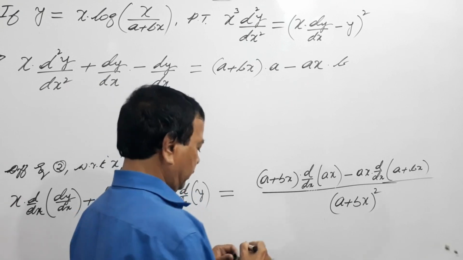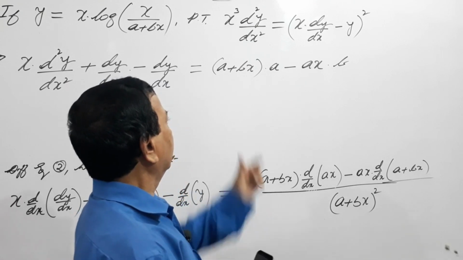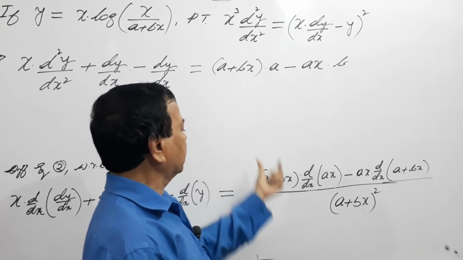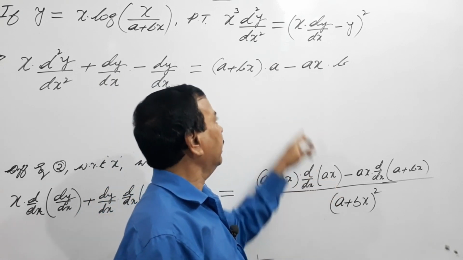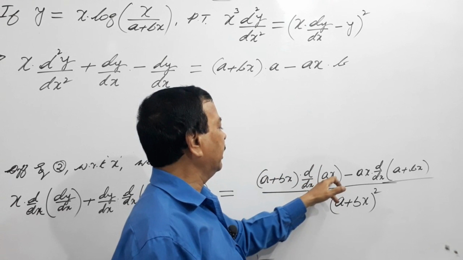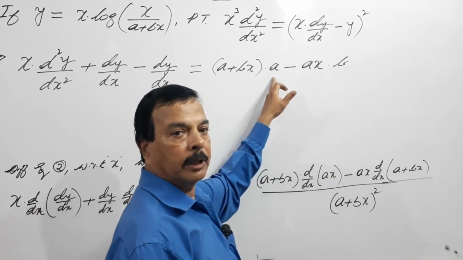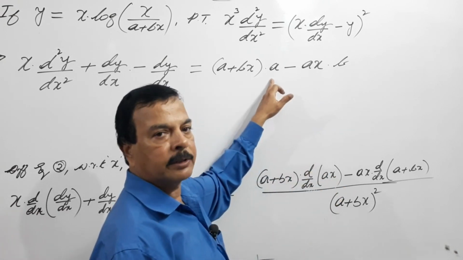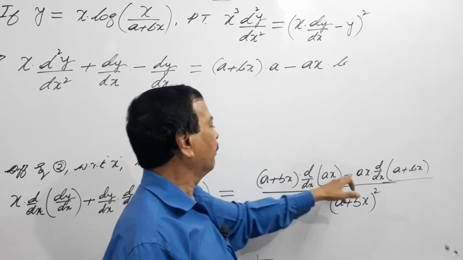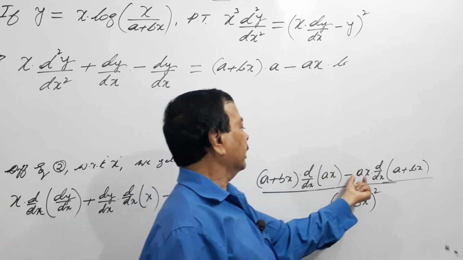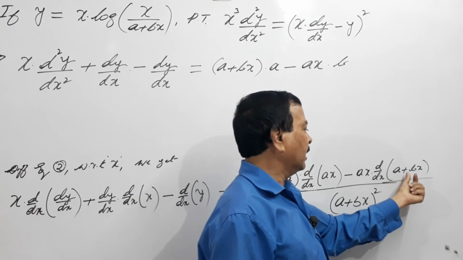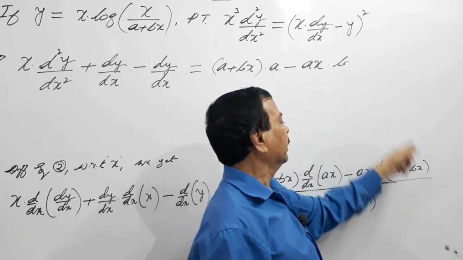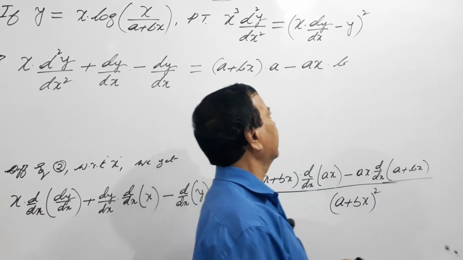So I repeat: a plus bx I have written as it is, d by dx of ax, so a I take it outside, then d by dx of x is 1. I have written a minus ax as it is, d by dx of a is 0 plus b I will take it outside, d by dx of x is 1 once again.